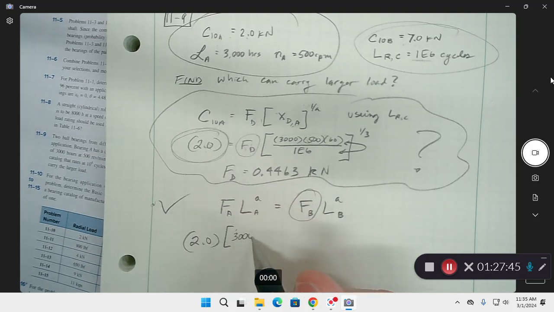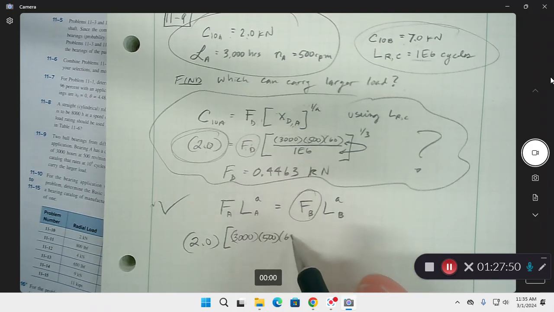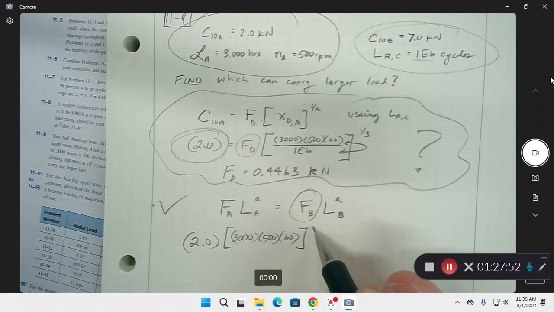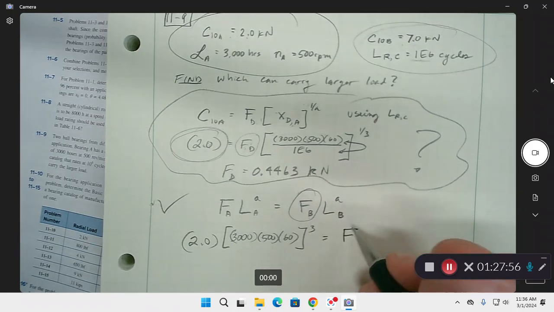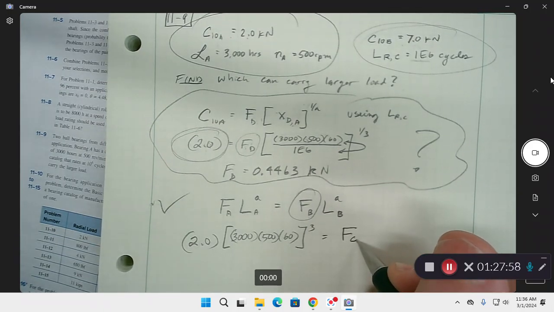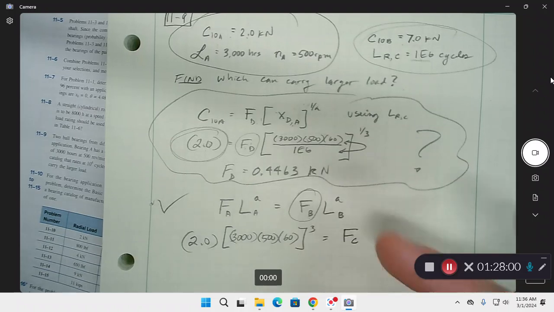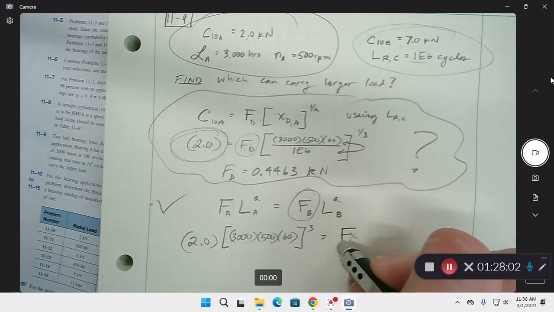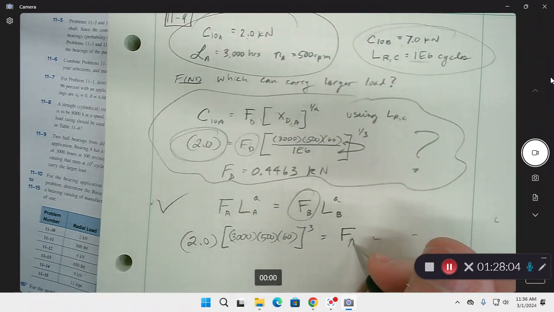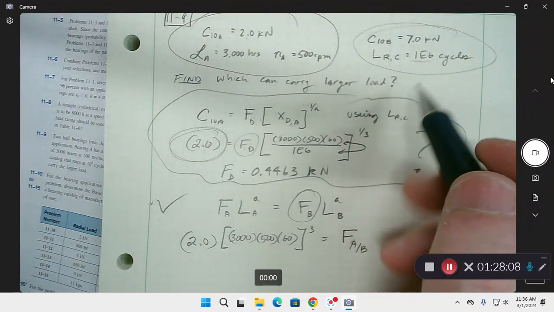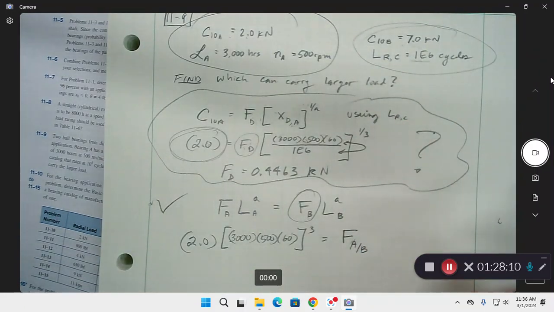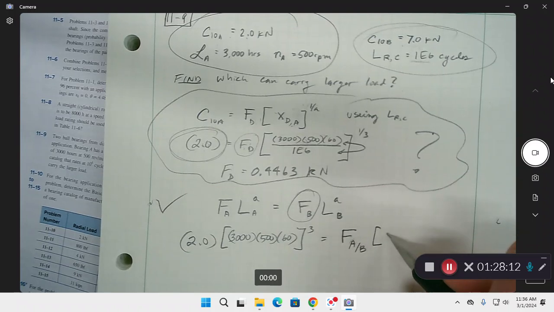I should have gotten this number, 3,560 to the third equals, here is the, I'll call it A with respect to B. We're doing it in terms of B. So that's going to be the 1 million raised to the third.